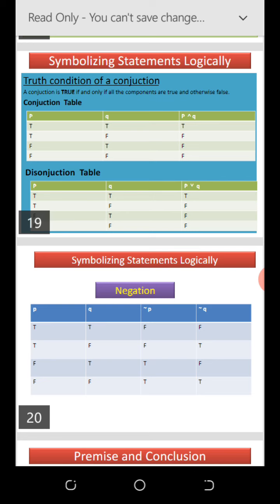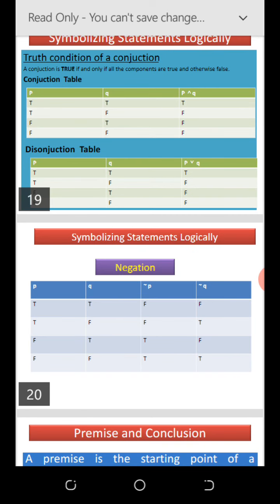The truth here can be represented as plus, while the false can be represented as minus. So if we say plus times minus under conjunction, it gives you minus. That F there, don't forget, logically I'm symbolizing the F as minus. Then under the conjunction table, false times truth will also give you what?